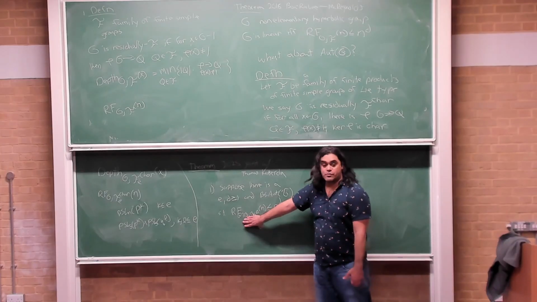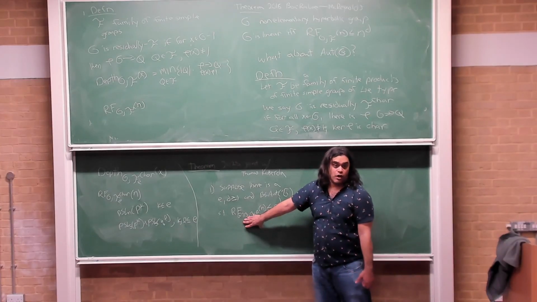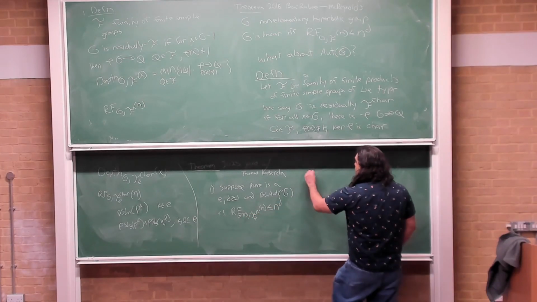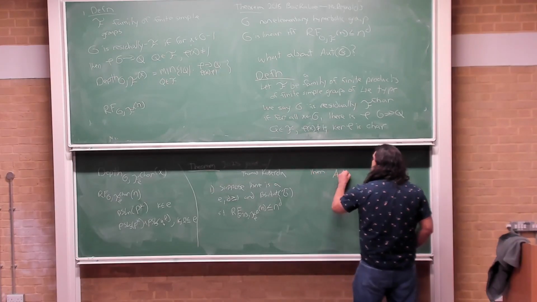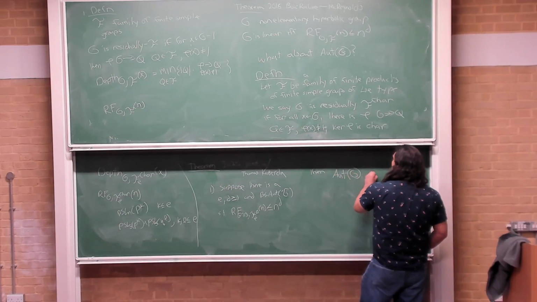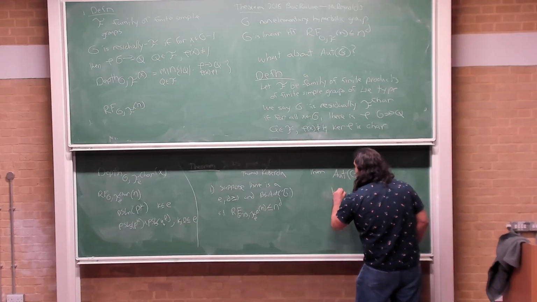So if this function is bounded above by some polynomial, then Out G is linear.